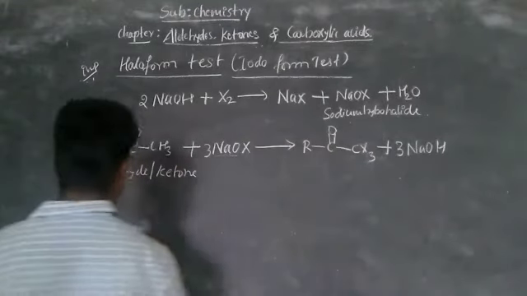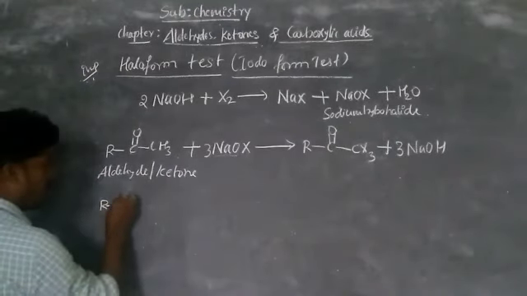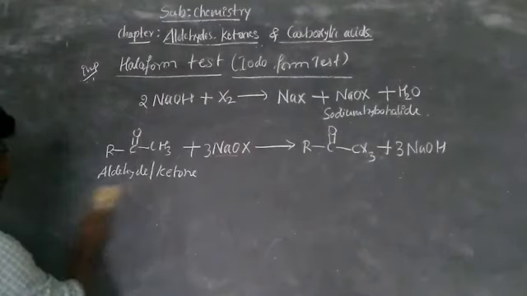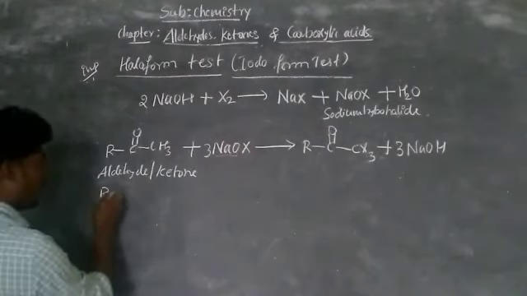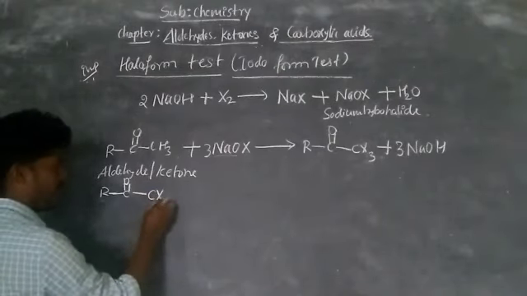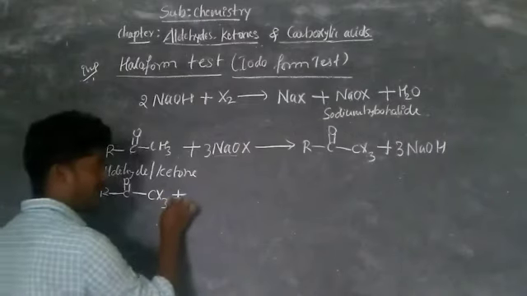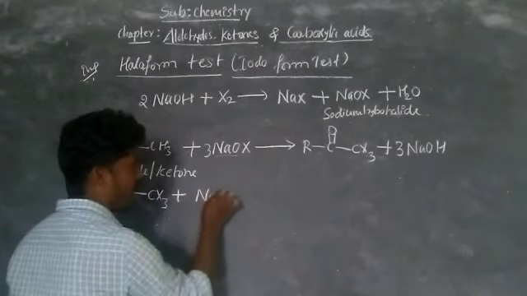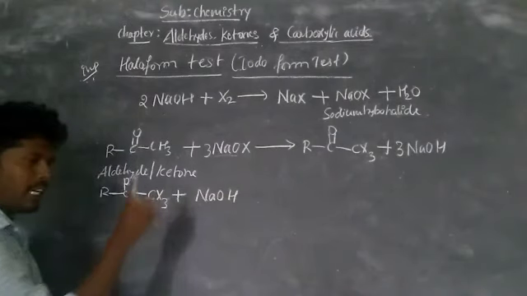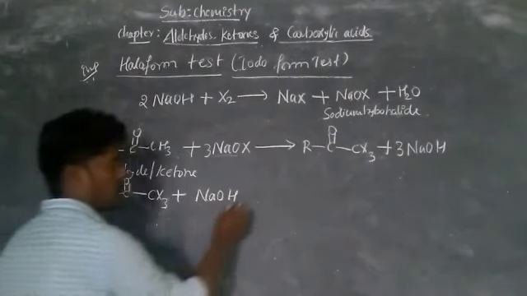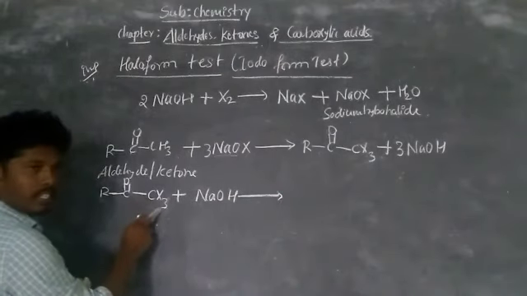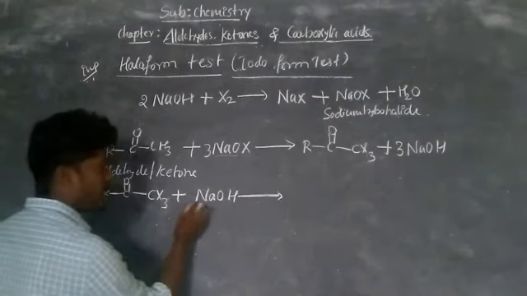Now take this one, R-C(=O)-CH3. This again reacts with sodium hydroxide. There are 3 equivalents, take 1 equivalent only, it is enough. Here there is CH3, and here there is ONa.